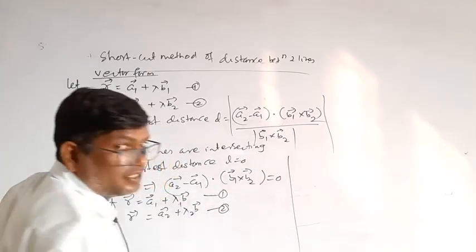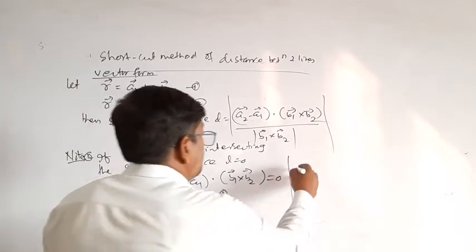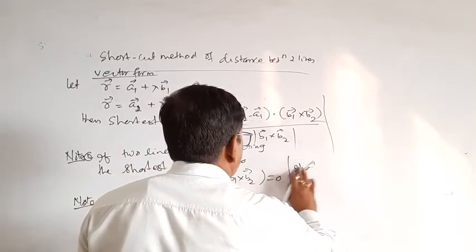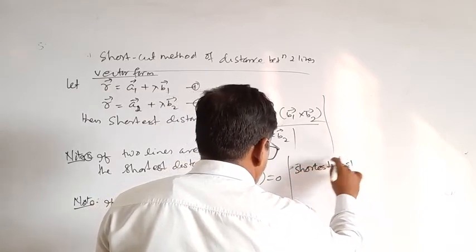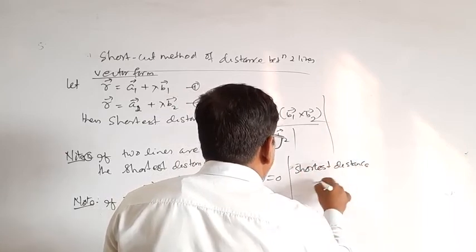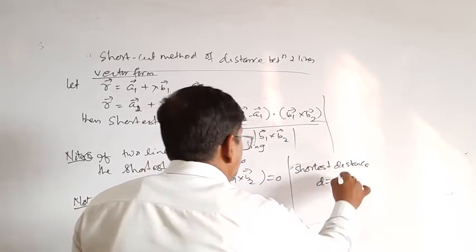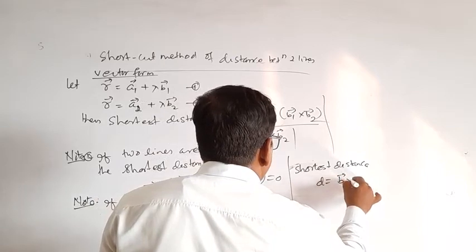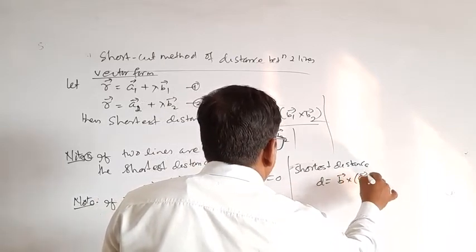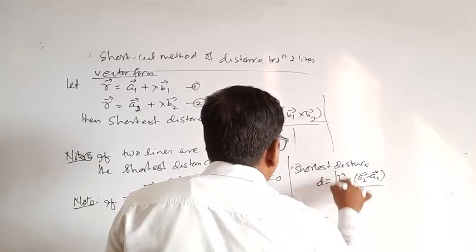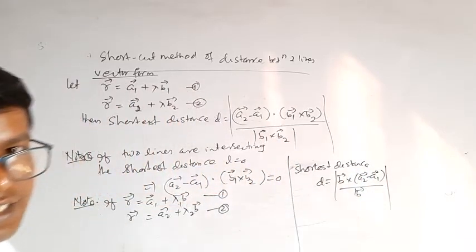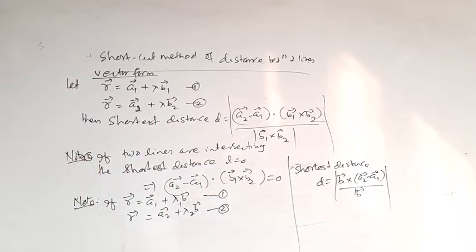Then the shortest distance D is equal to the magnitude of (B cross (A2 − A1)) divided by the magnitude of B. This is the distance between two parallel lines.